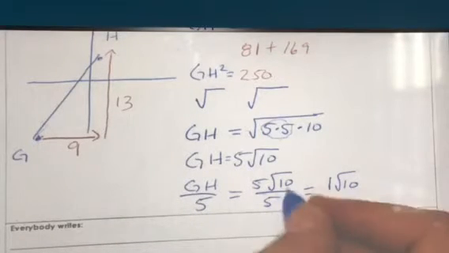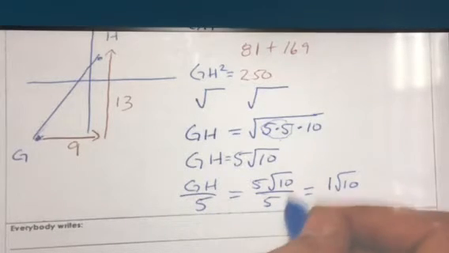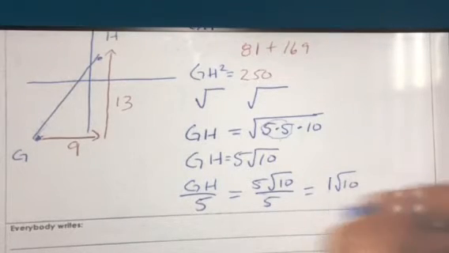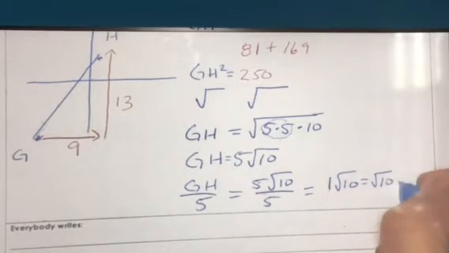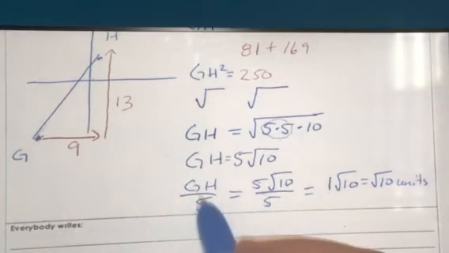Do not touch the square root of 10. That's on the inside of the radical, and there's nothing on the inside of the radical to divide by. So this is just 1 times the square root of 10 units, or you could just write the square root of 10 units for 1/5 of GH.